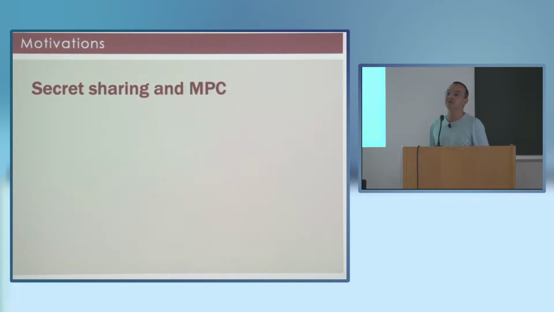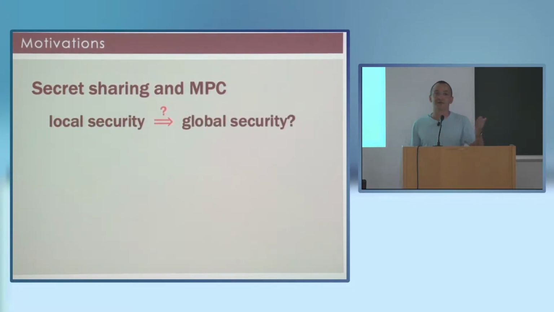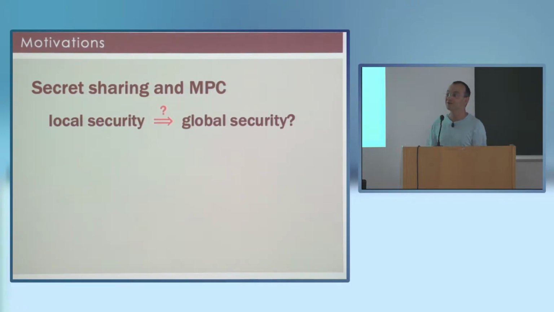But globally, something has to happen, right? So there are questions about what you can do with multi-party computation, but also about its security, whether having this local notion of security gives you some global security, which, again, Yuval convinced me is interesting, and can be formulated in this language as well.